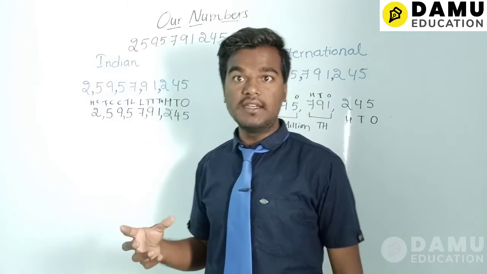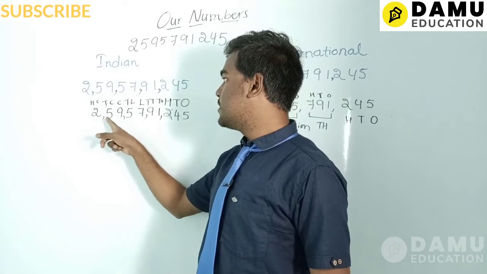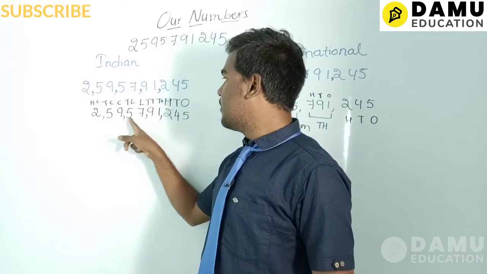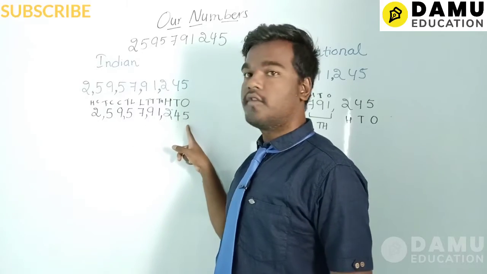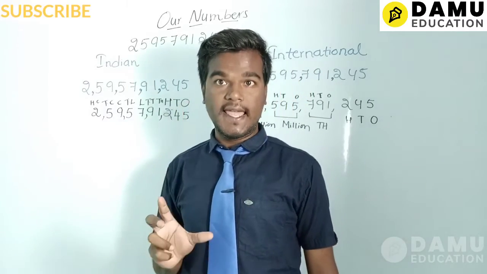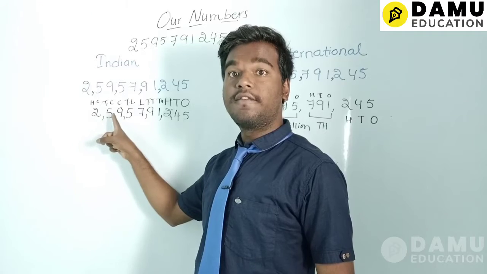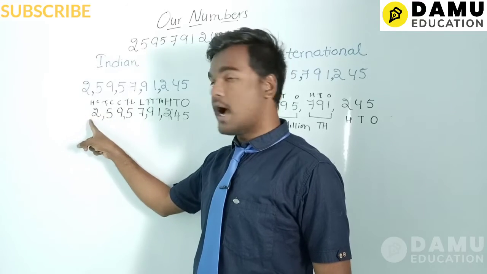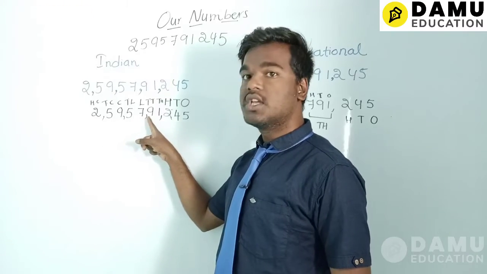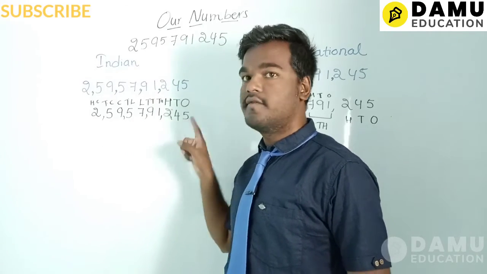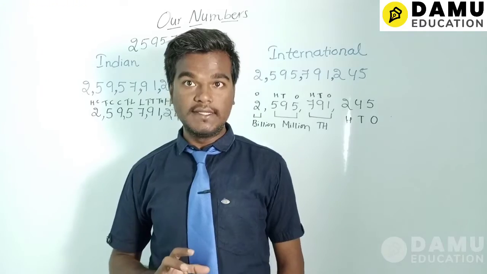Once again, I will explain. In the Indian system, 259 crores 57 lakhs 91,245. Or you can say 2 Arabs 59 crores 57 lakhs 91,245. You can say it like that also.